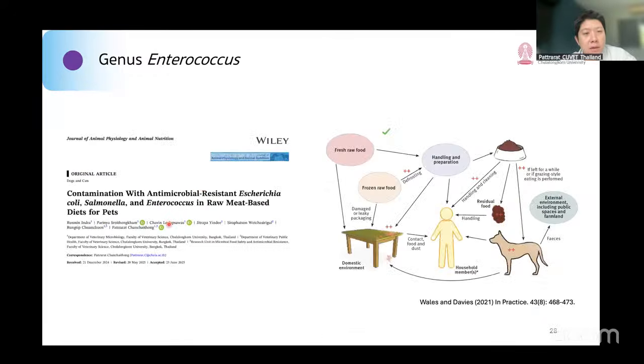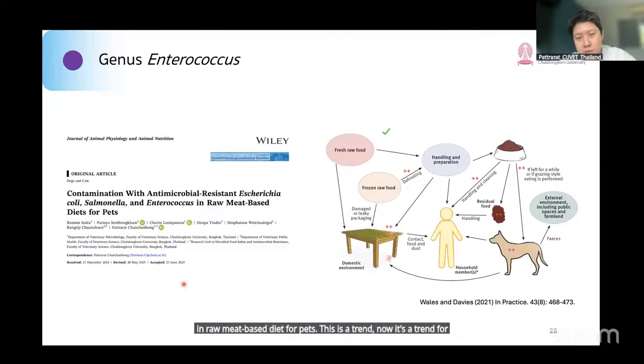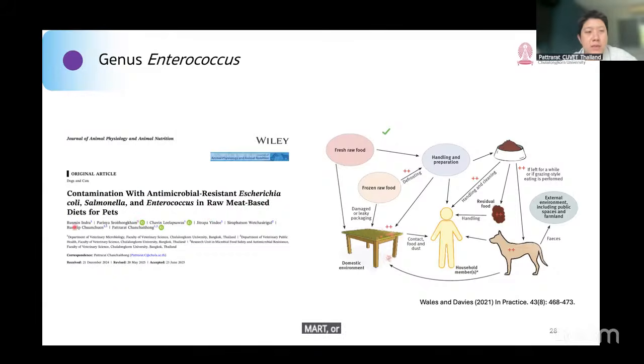And just a study from our group: we investigated the contamination of antimicrobial resistant bacteria in raw meat-based diets for pets. This is a trend now for pet parents. The owners like to choose good foods for their pets, and some choose BARF or raw meat-based diets.